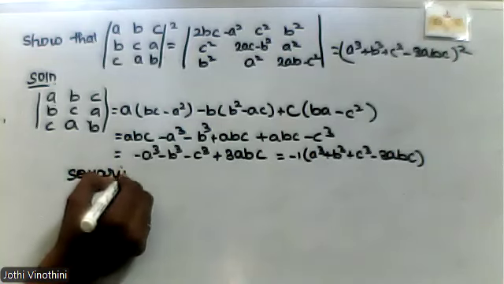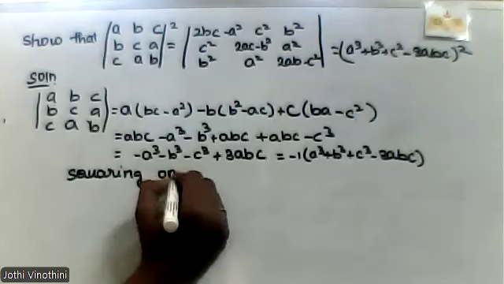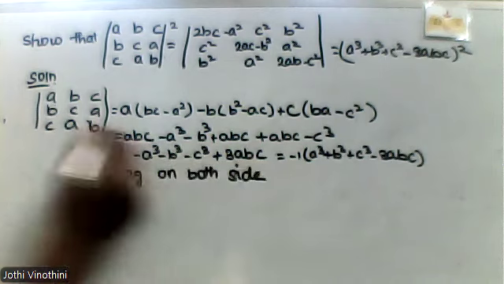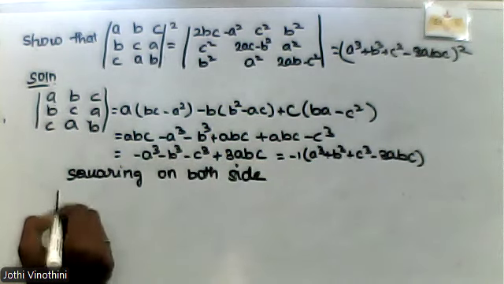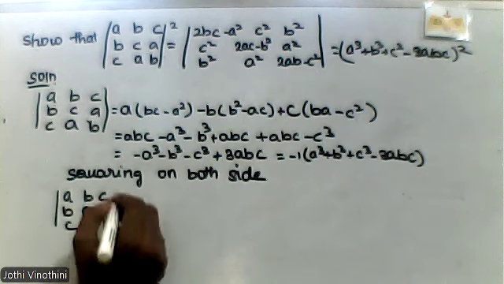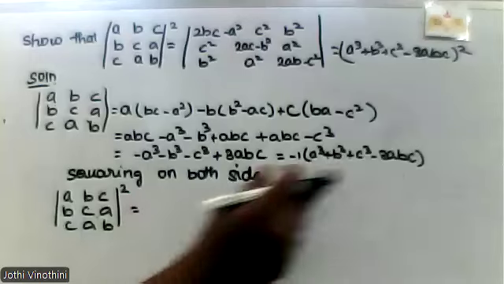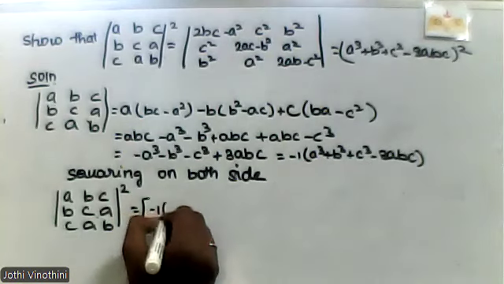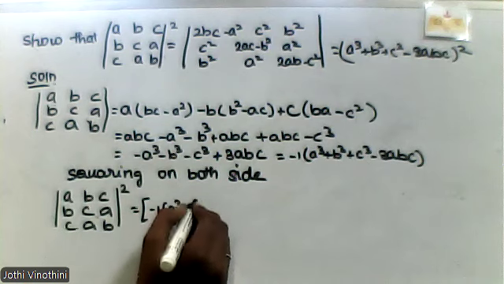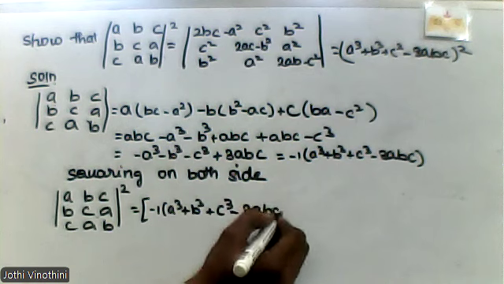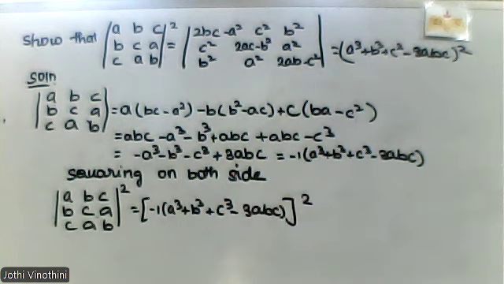If we square this, we will get ABC, BCA and CAB the whole square, which equals, what is the final element on the right hand side? Minus 1 multiplied by a cube plus b cube plus c cube minus 3abc the whole square.